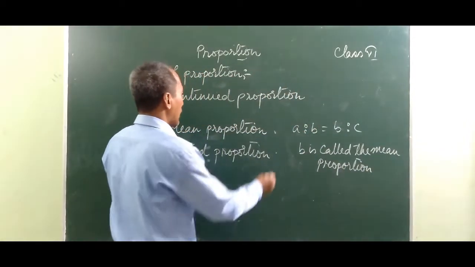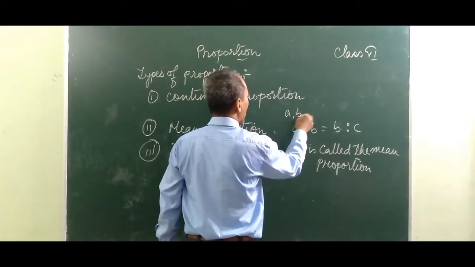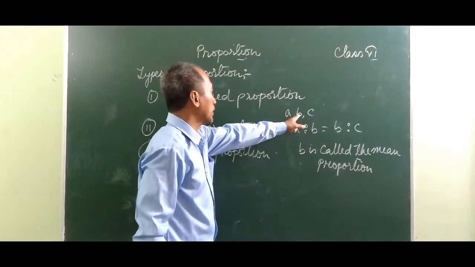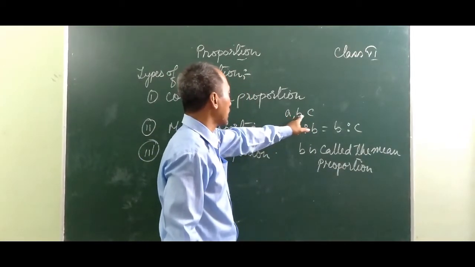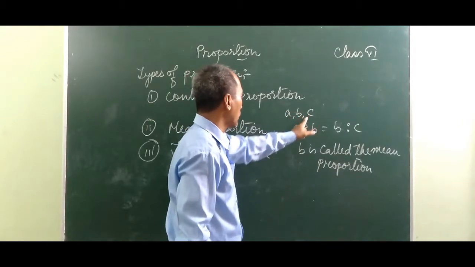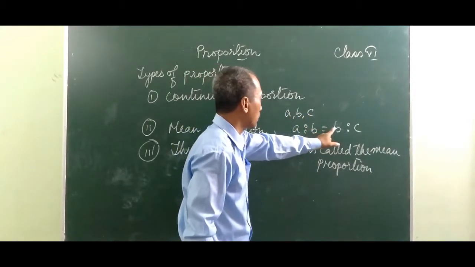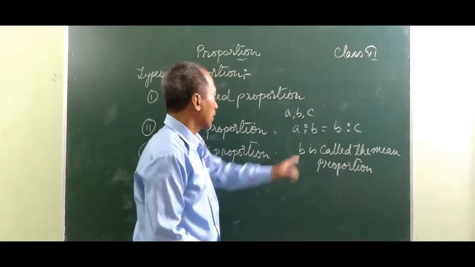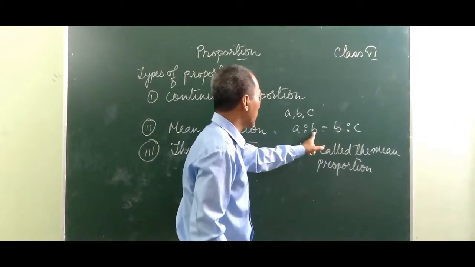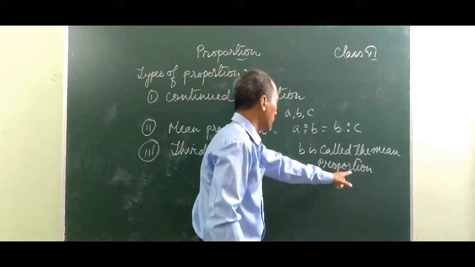Again I repeat, here A, B, C: if three quantities are in the ratio A is to B equals B is to C, then B is called the mean proportion.